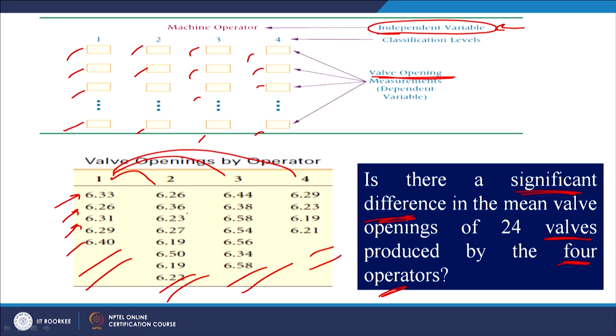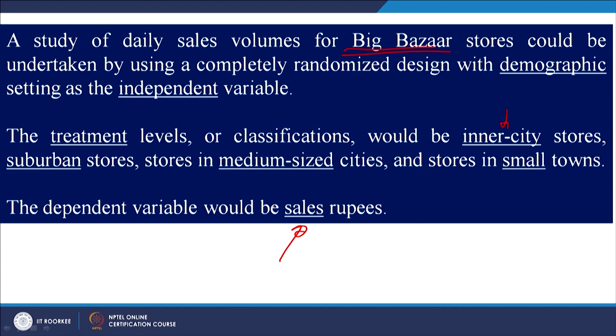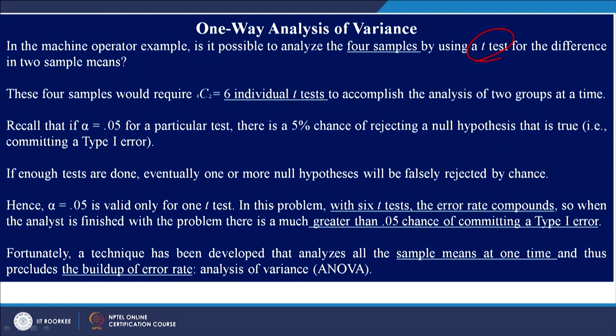Then second and third, second and fourth, and so on. To get the answer to this question, we will have to perform 6 t tests, right. In fact, these 4 samples would require 4C2, that is 6 individual t tests, to accomplish the analysis of these groups.